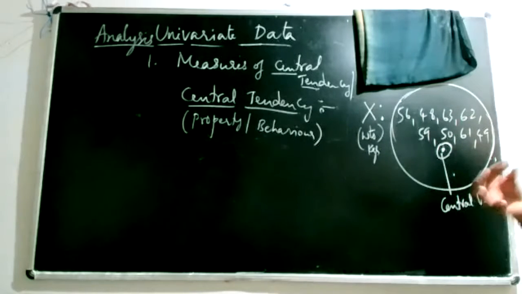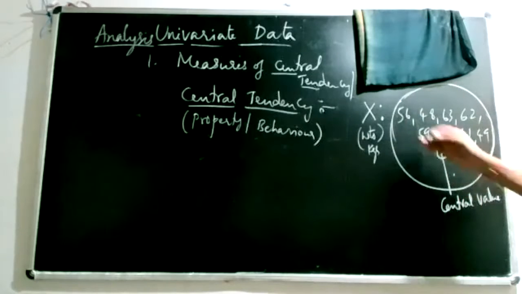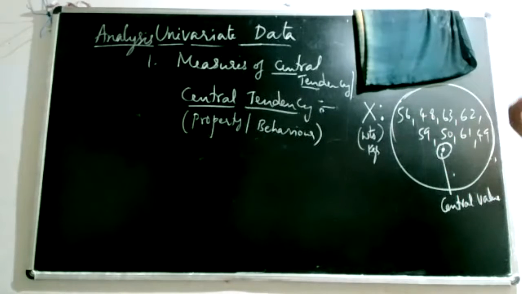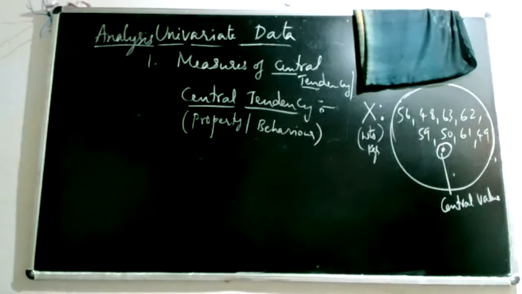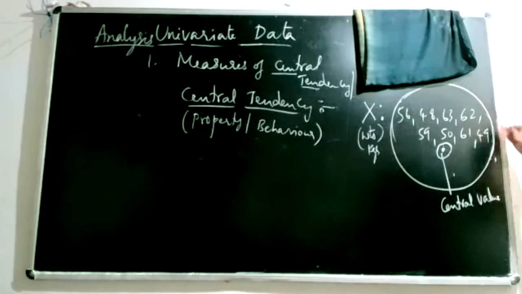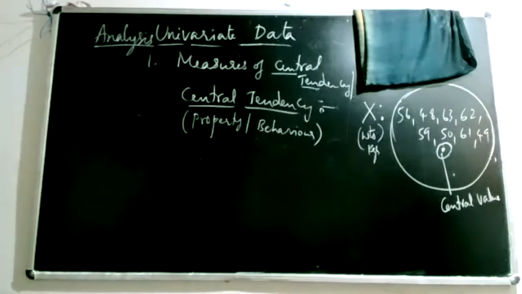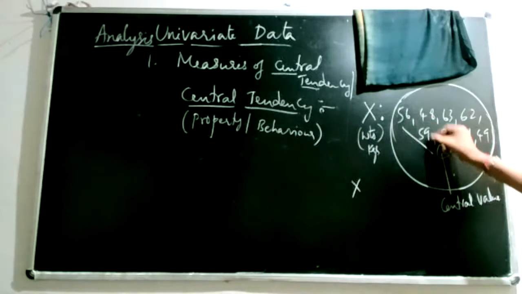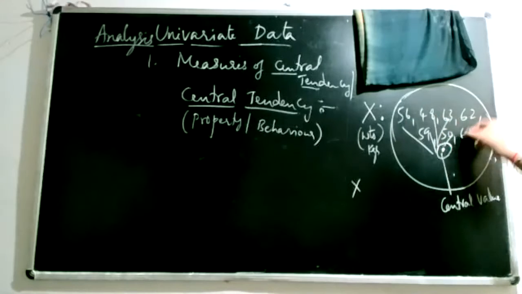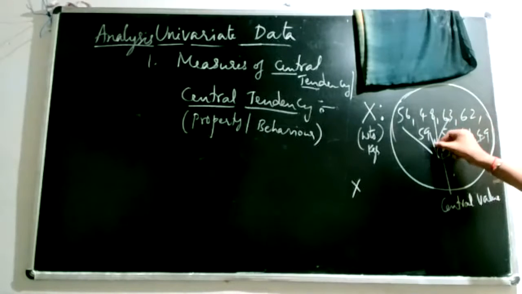For that matter, you can do a simple exercise. Try to collect some data points, like the number of people living in a family for say 10 families of your locality, or the ages of your classmates, the weights of your classmates. Keep some variable in mind, extract some data. You will observe that most of the values are closer towards a central value.